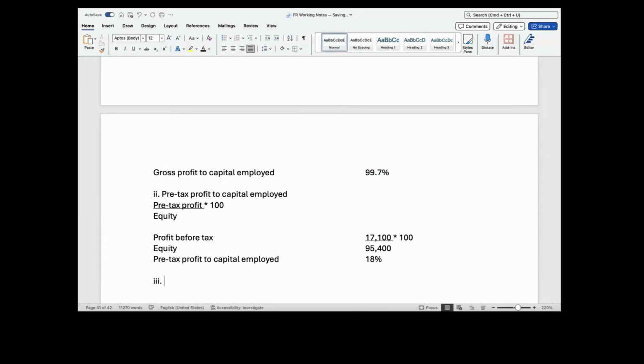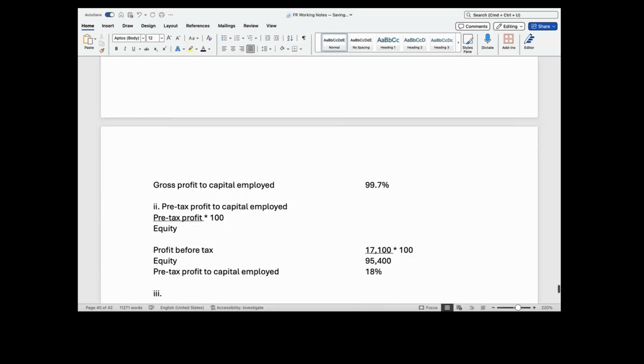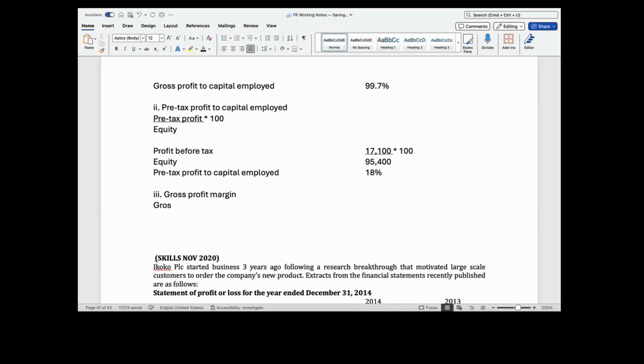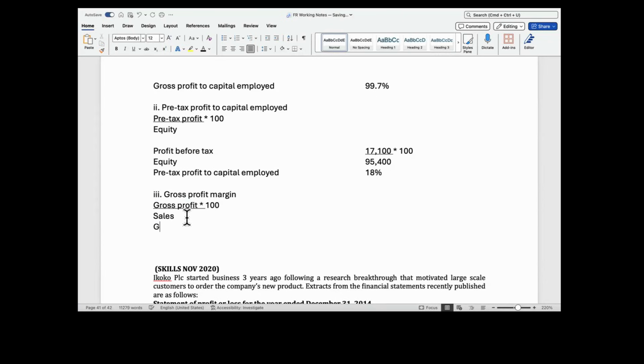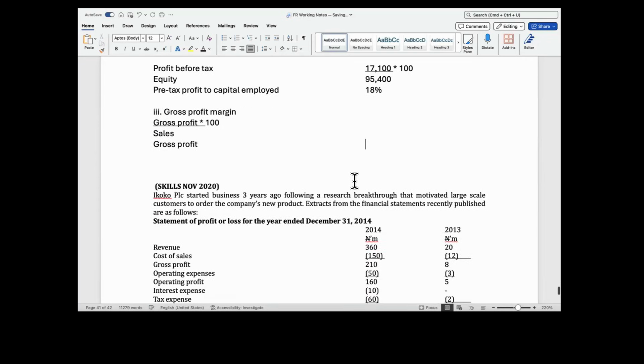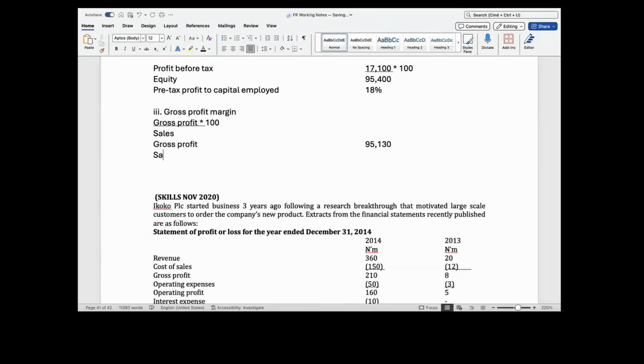So the third one is now gross profit margin, which is my gross profits all upon what? All upon sales multiplied by 100. So from up there, I know that my gross profit is 95,130. But I don't know what my sales is.